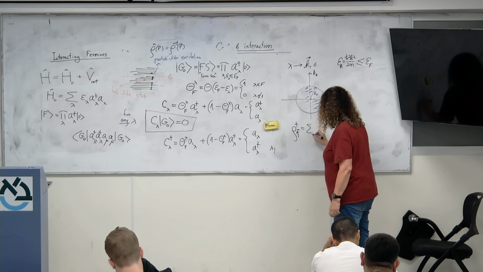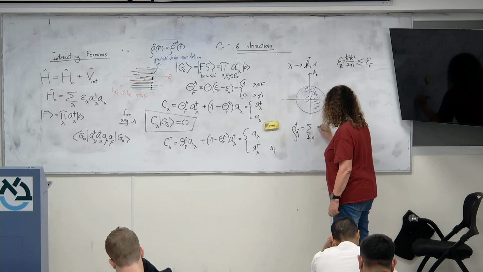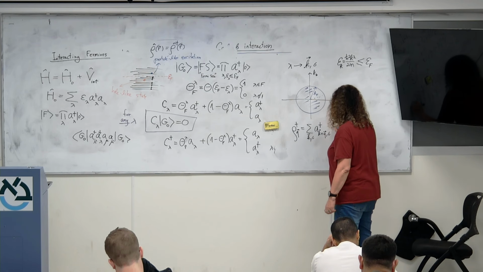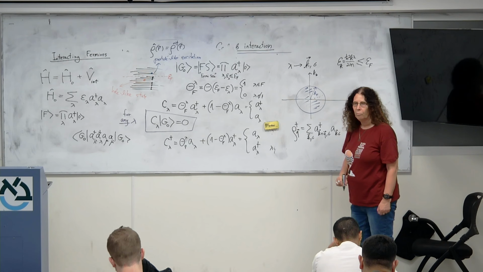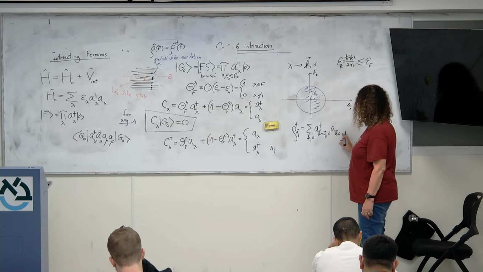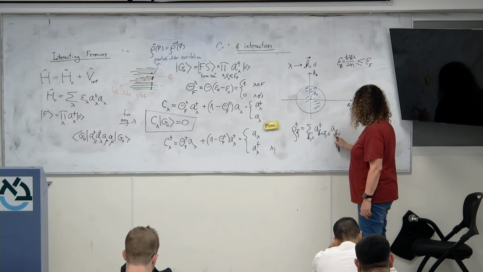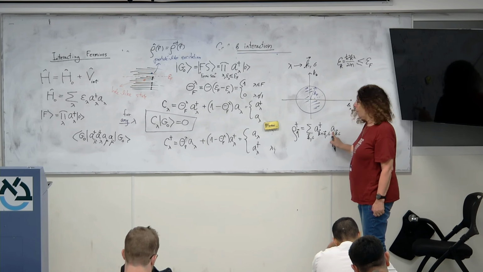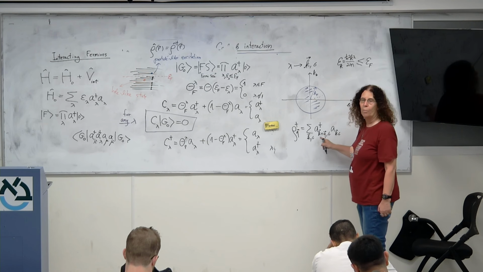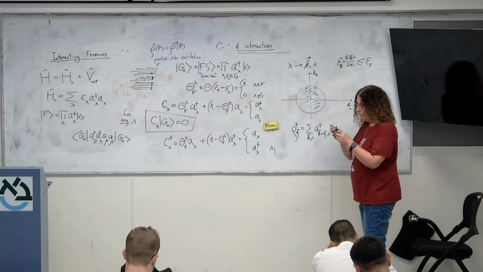I'm reminding you of the result we got before. It's a sum over K and sigma of A K plus Q sigma dagger, A K sigma, okay? Now, each of these terms, what does it do? It annihilates an electron at state K and promotes it to K plus Q.